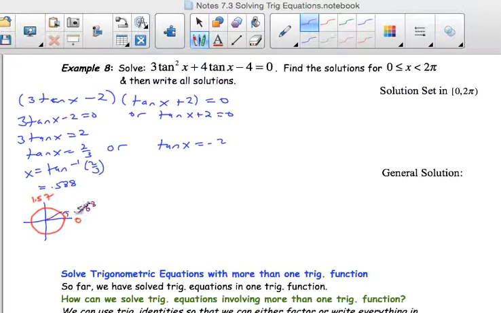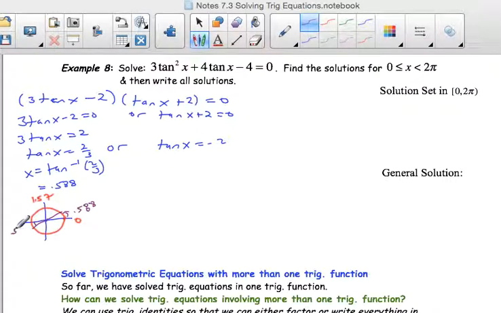And then I have to think about the unit circle and say, where else between 0 and 2 pi is tangent going to have a value of 2/3, where it's going to be positive? Tangent's positive in the first and third quadrants. So I get the same reference angle, but now I'm going to go into quadrant 3, meaning that this is my reference angle.